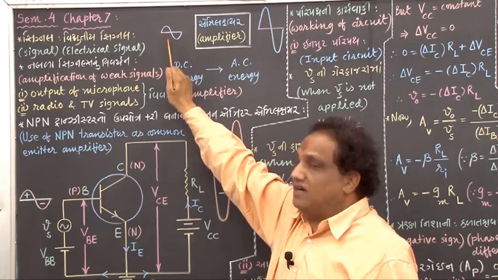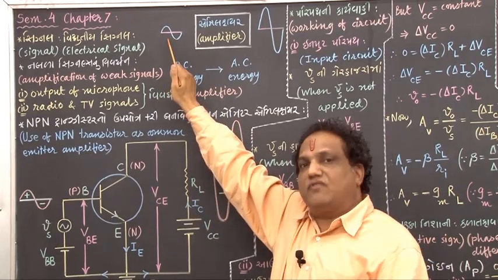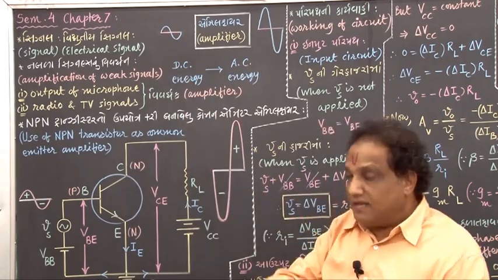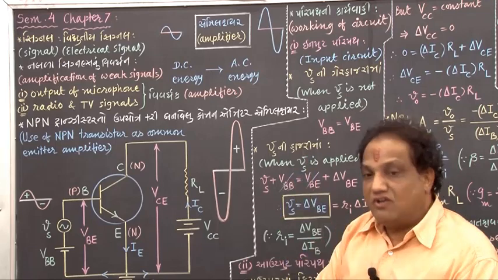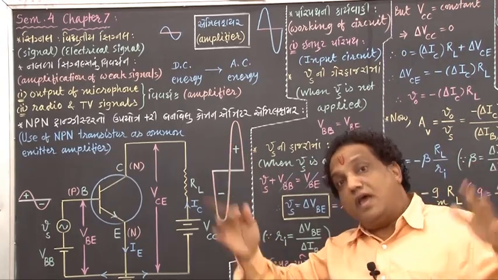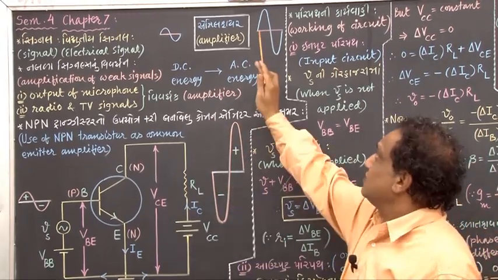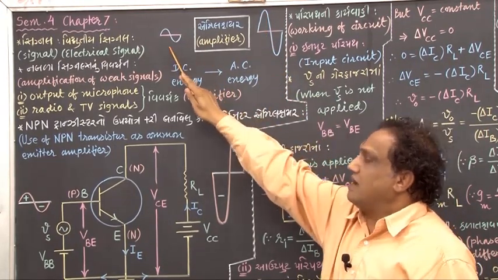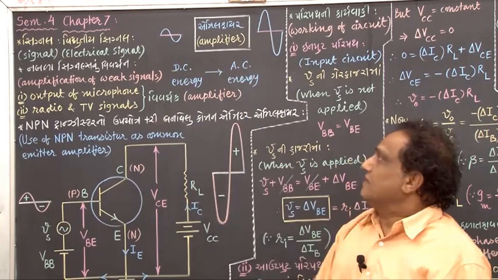This is very weak AC signal which we require to magnify. When we pass it through this amplifier, in the output we will get a very magnified, amplified signal. That is what I have shown here. Here the amplitude is many times this amplitude.